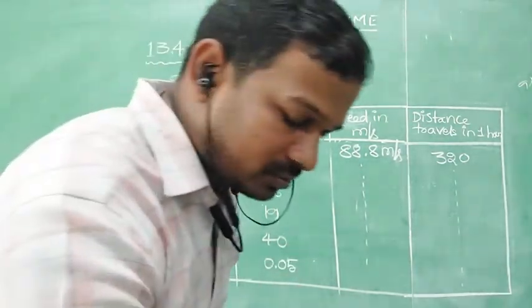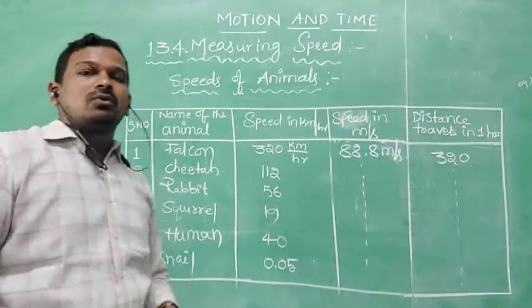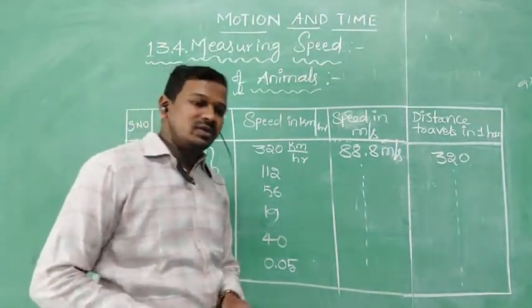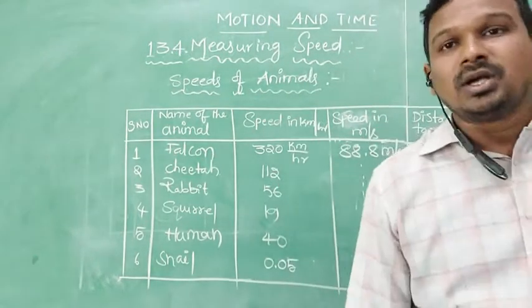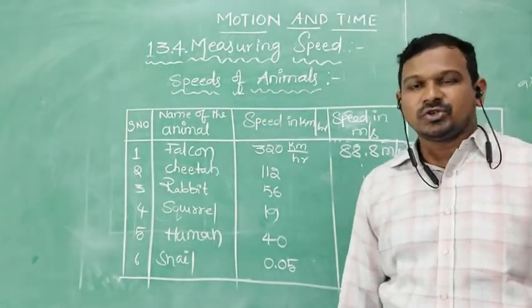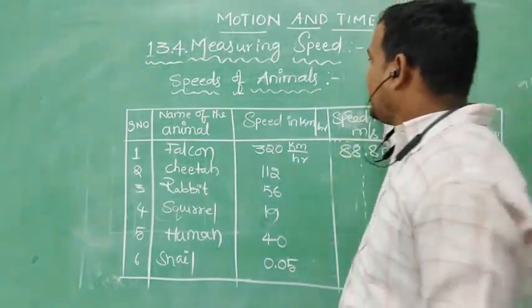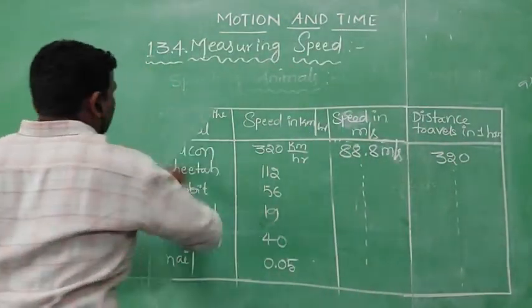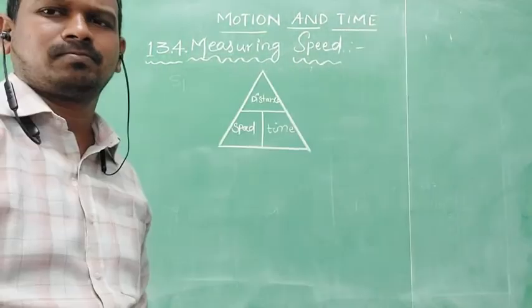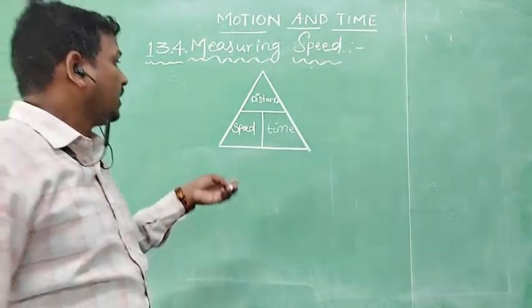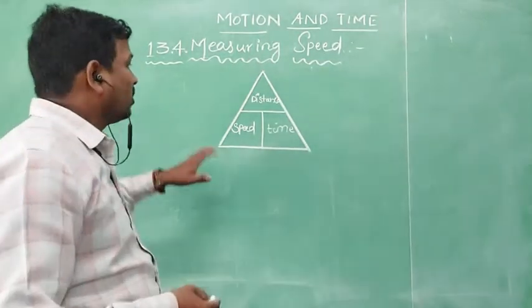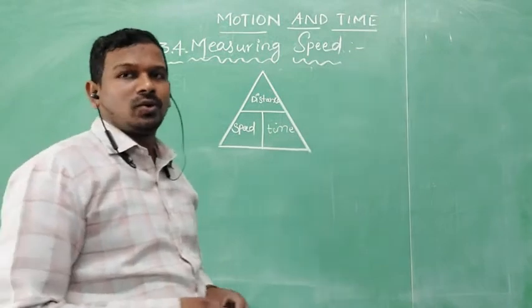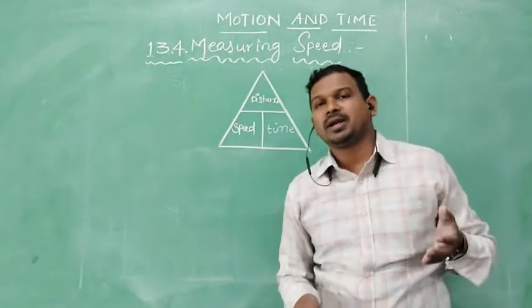Now I will give one pyramid which is used to denote speed in an easy way. This is a pyramid which is very useful to remember the formulas related to speed.